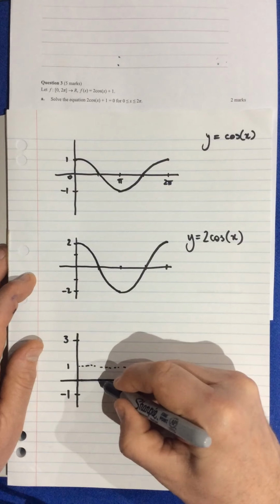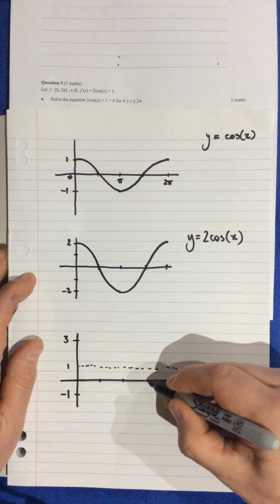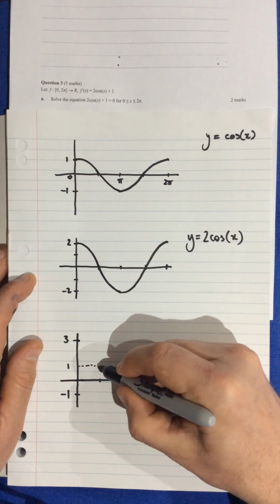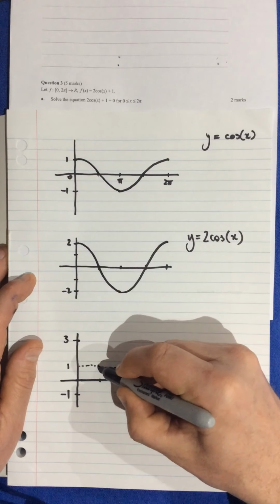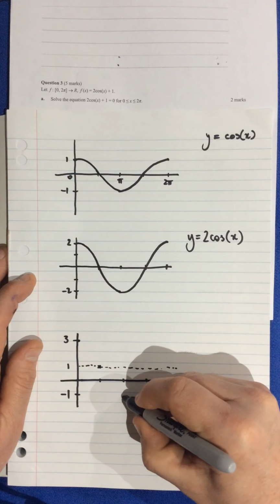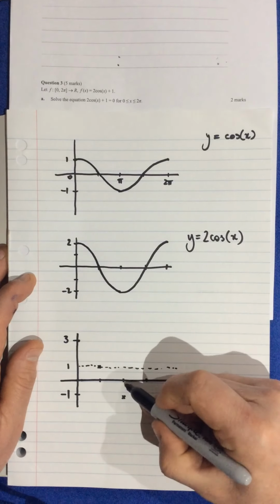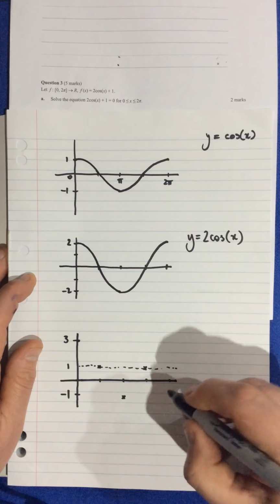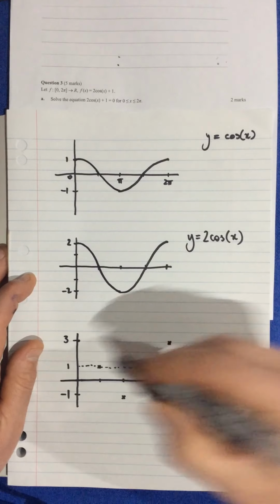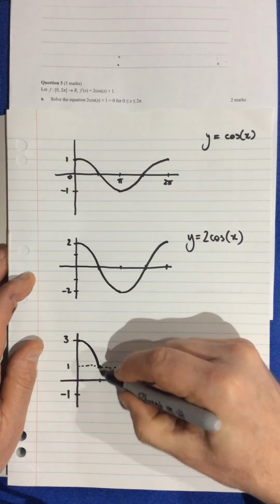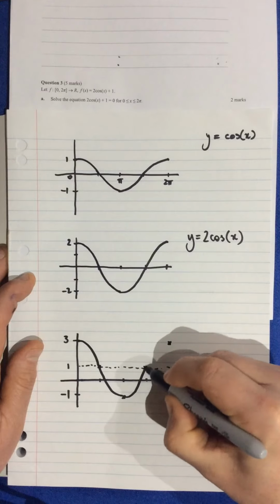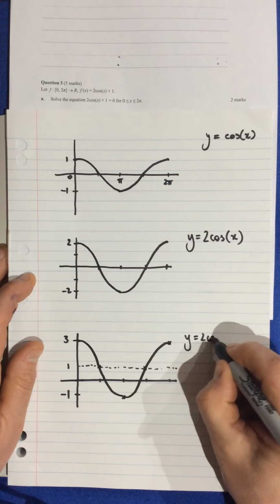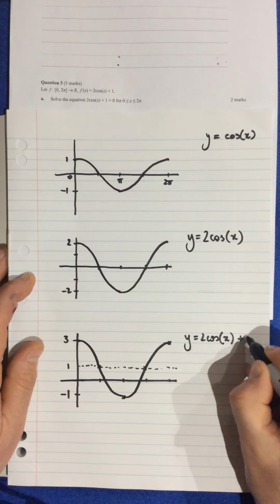And so at my particular values, it's going to start at 3, it's going to drop down to 1 at pi on 2, it's then going to drop down to -1 at pi, back up to 1 at 3 pi on 2, and then finally finishing at 3. So my graph would look something like that. So that's the graph of y equals 2 cos of x plus 1.